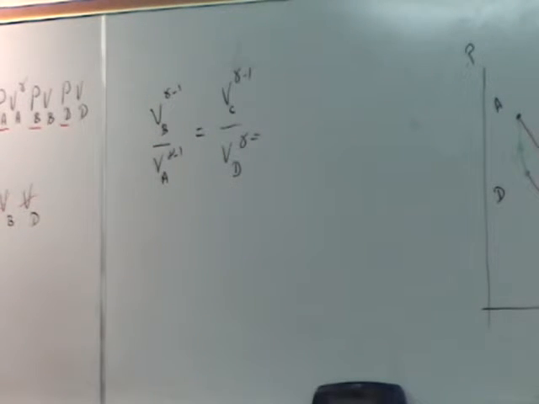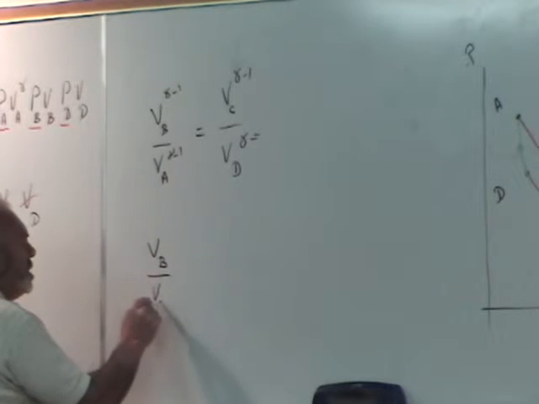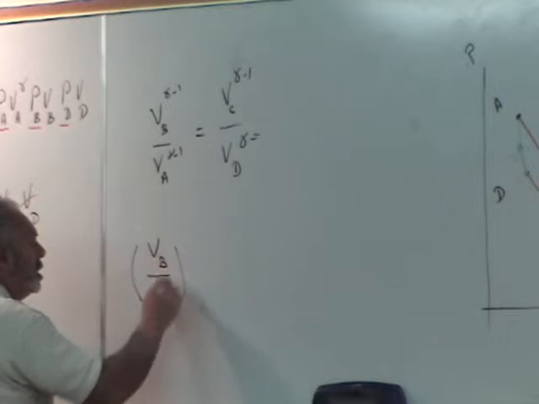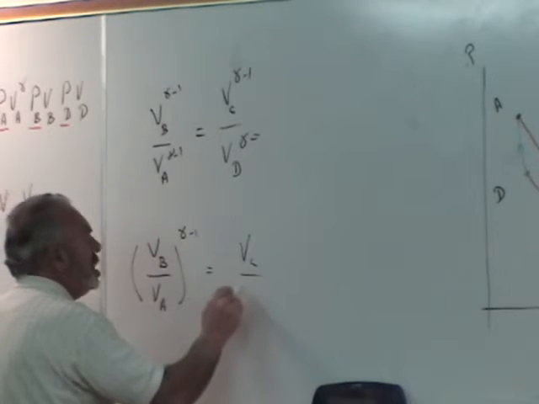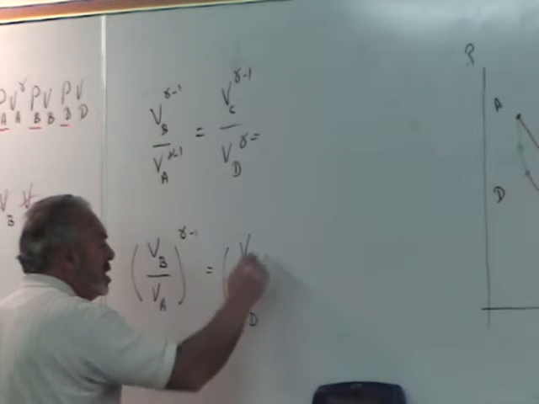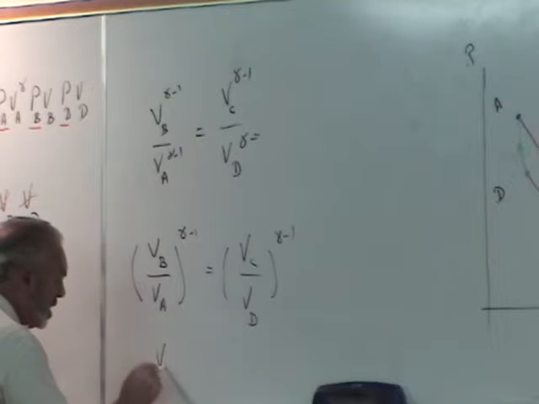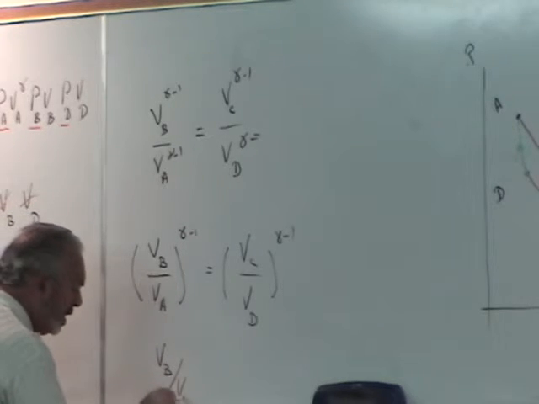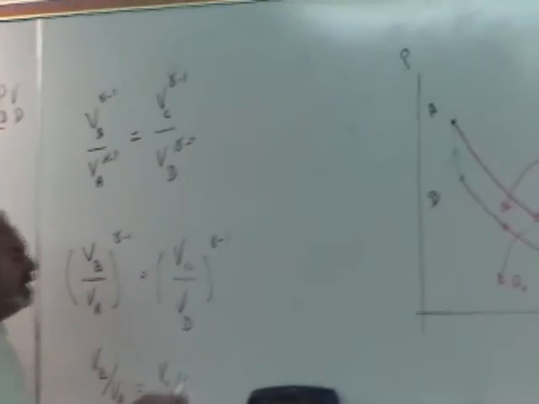Which says, of course, if (V_B/V_A)^(γ-1) equals (V_C/V_D)^(γ-1), then V_B over V_A must equal V_C over V_D.